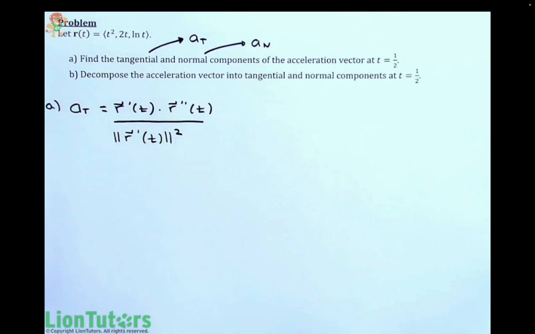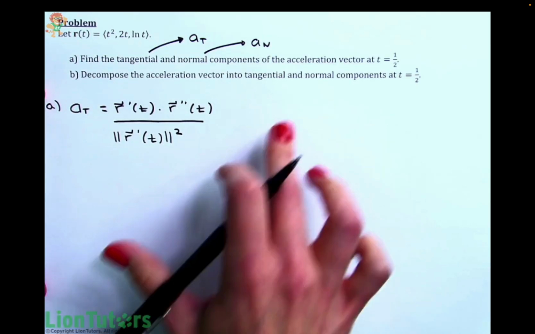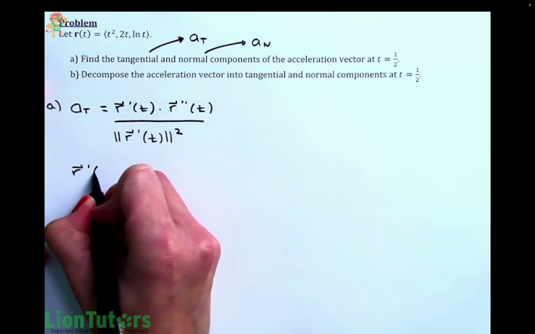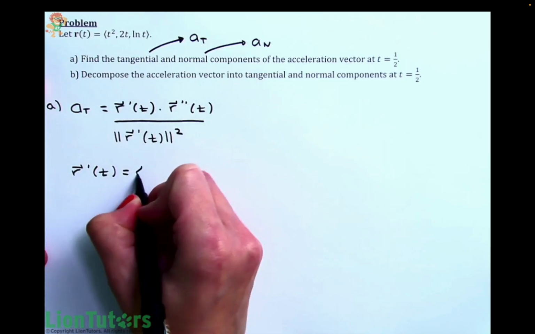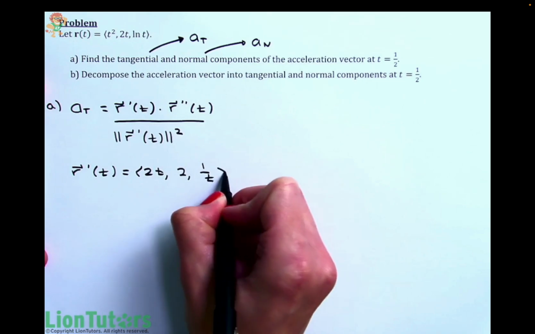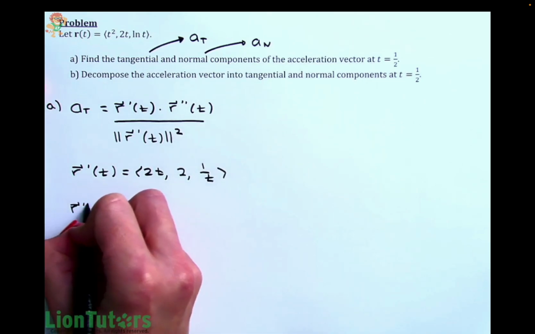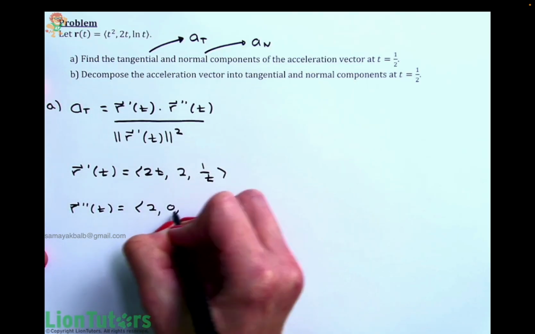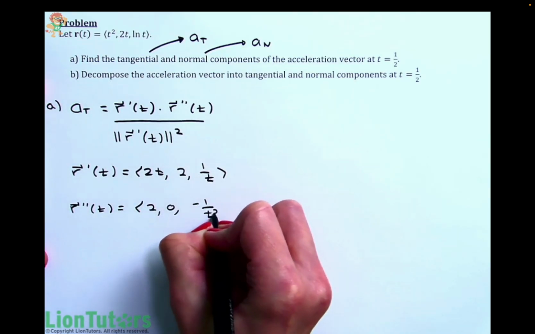So we've got a whole bunch of things that we need to find. First of all, we know that our r of t is this right here, so let's go ahead and start taking some derivatives. That means our r prime of t is going to be 2t, 2, and 1 over t. And it means that our second derivative is going to be 2, 0, negative 1 over t squared.